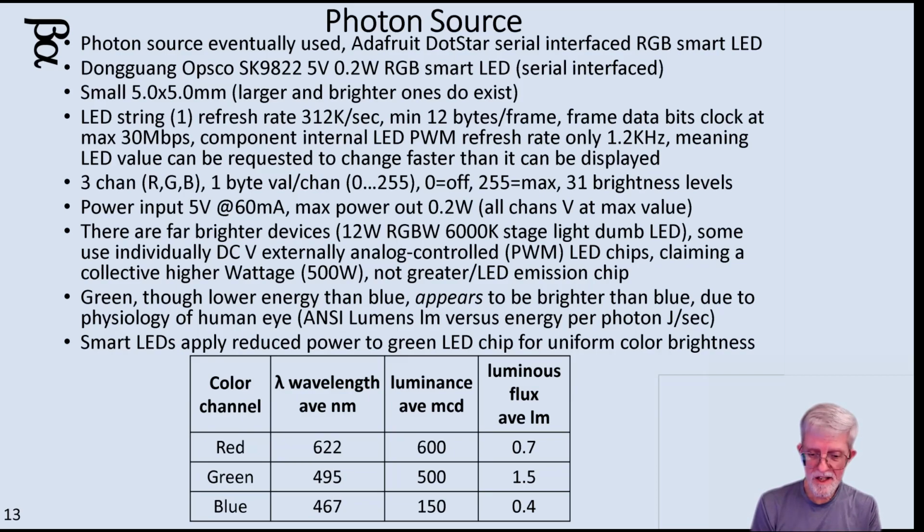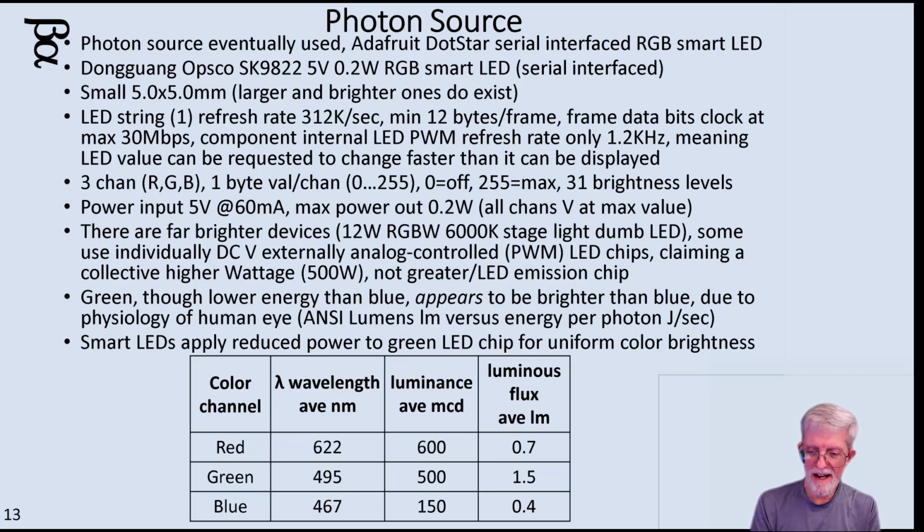The red is 600. That's because the human eye has more of a challenge detecting red than blue, so they have to put in more power to get it to come out brighter. Since green is so sensitive, instead of being 600, it only needs to be 500. But still, blue is so much more energetic, it only needs 150.